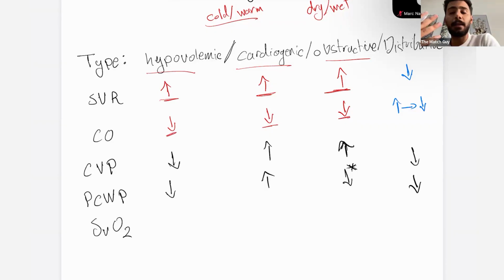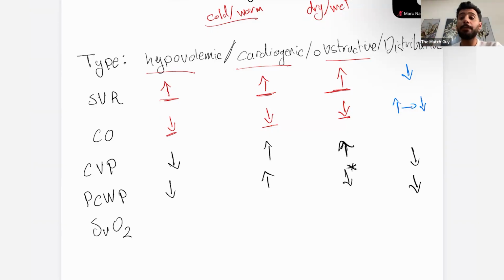If the systemic vascular resistance is increased, meaning that all of the blood vessels in the peripheries are constricted to help us increase the blood pressure, it means that there is very little blood flow through the extremities, since you have constricted the arteries so much. So now not enough blood is flowing through these.